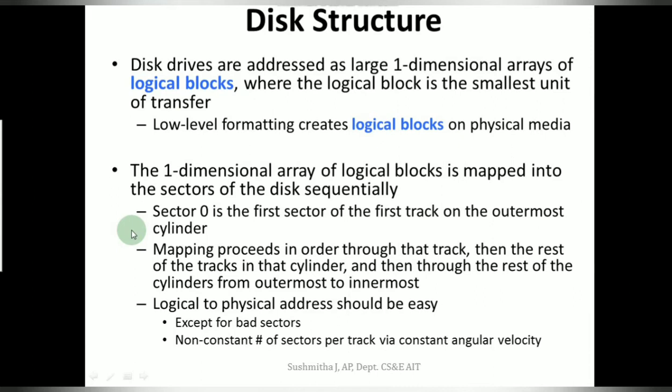The conversion of the logical address to the physical address should be done with ease. There should be mechanisms and algorithms that make the conversion easy. My logical address is the block number, and the physical address the device understands is the track, sector and cylinder. So that block number should be converted to, or identified by, the appropriate track, sector and cylinder.